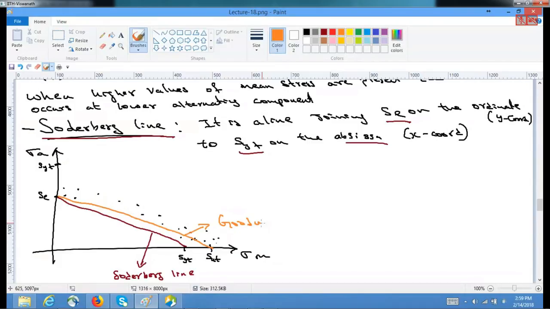That one is like the Gerber line. In a Gerber line, the starting point is again SC and the ending point is SUT on the abscissa, but this line is a parabolic curve.